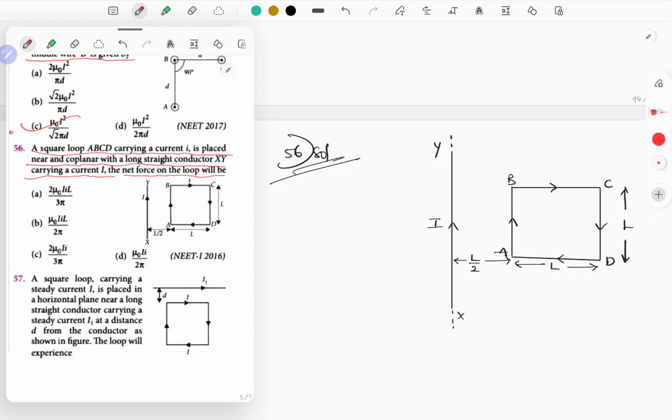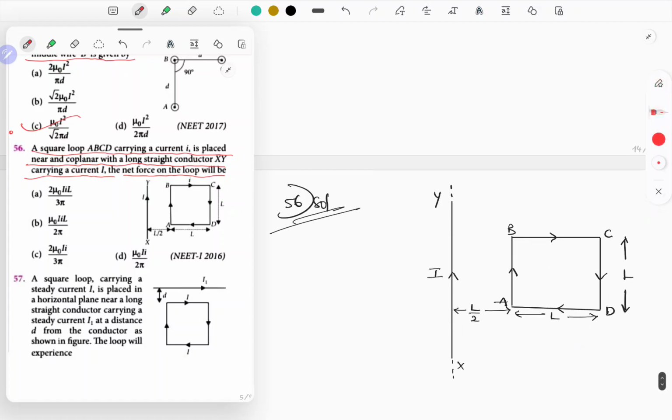First of all, to find out the force acting on a current carrying conductor, we should know the magnetic field, right? That magnetic field is produced by this current carrying straight wire. The total line represents that it is of infinite length. So as I move away from this conductor, the magnetic field strength goes on decreasing. Let me name these conductors.